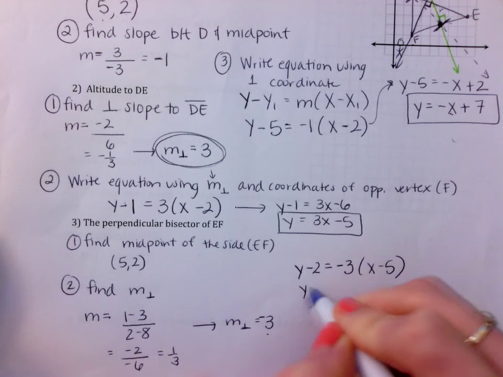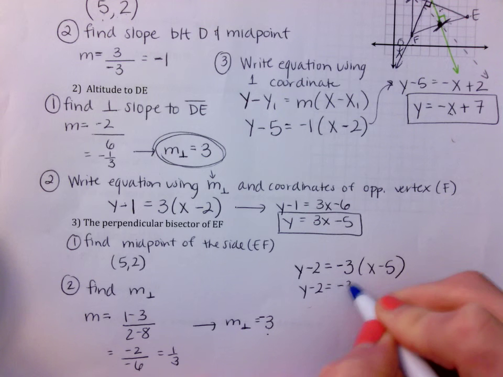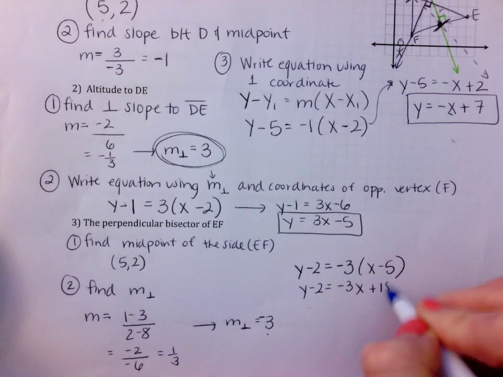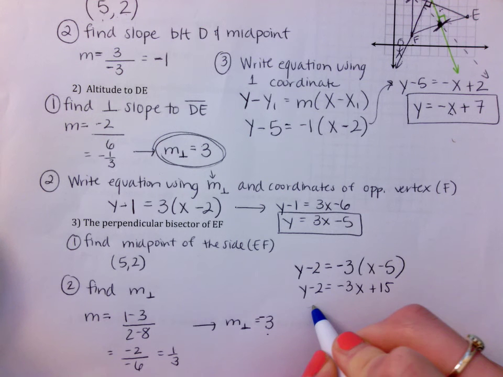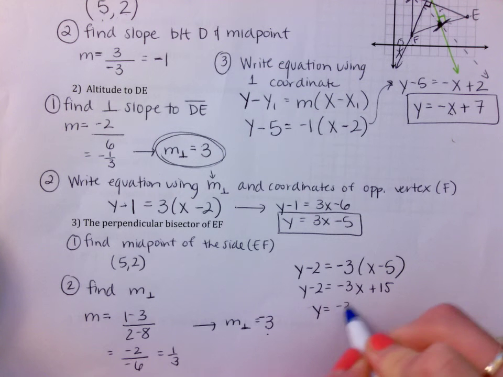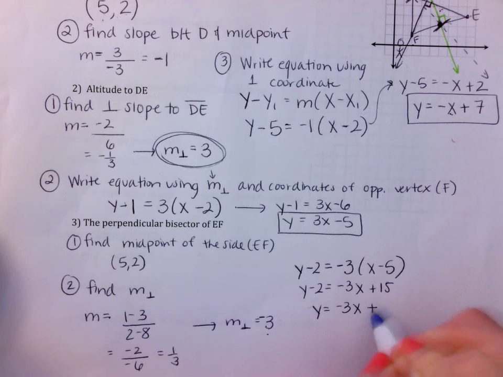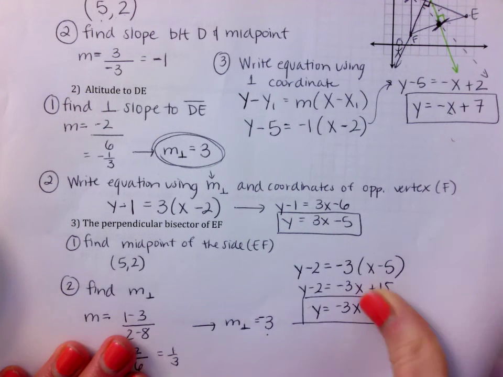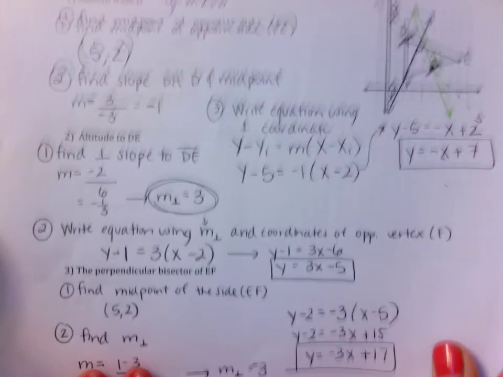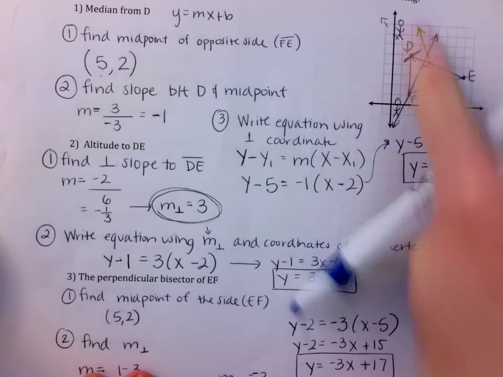Again, I'll just distribute and change it to y equals mx plus b form. You do not have to do that, but it's kind of good practice, and I think it's the easiest form to work in. So negative 3x plus 17. And there would be the equation of this green line that my perpendicular bisector is.